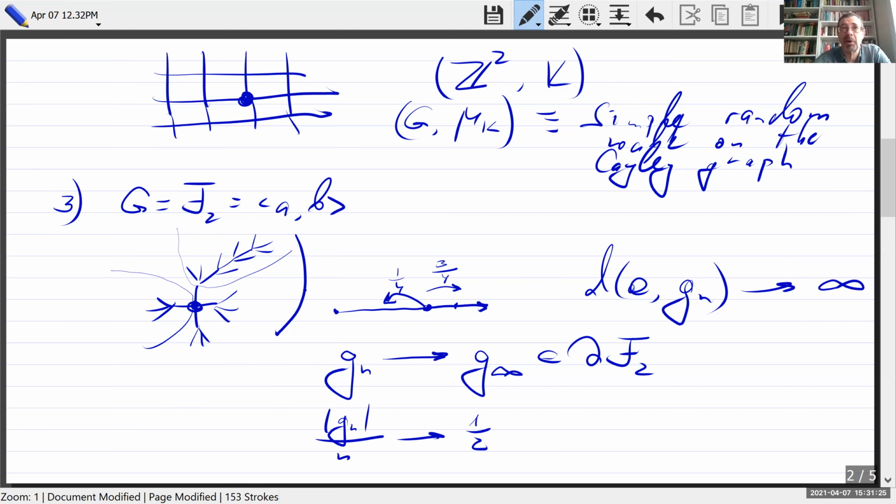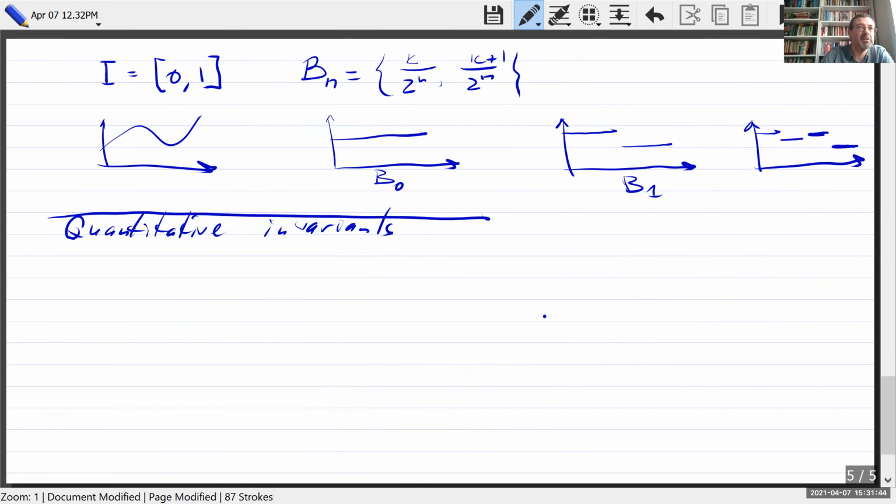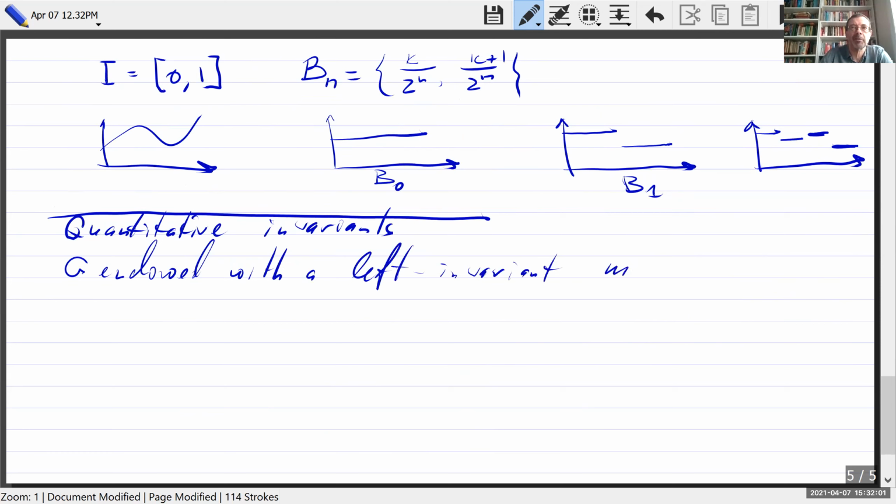Now, if we are talking about a general random walk on a free group, or actually on an arbitrary group, then what we can do is always endow our group with a certain metric. So G endowed with a left invariant metric, for instance, word metric.